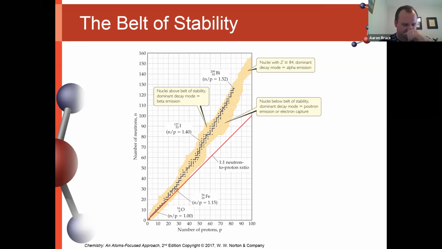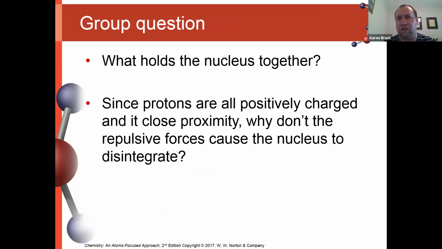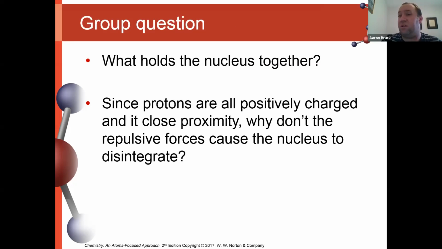So the question I'll pose to you then is this. We've talked about the idea that there is a degree of stability and that there is a relationship between the proton and neutron ratio and stability. But what I'm going to ask is a more fundamental question than that. What holds the nucleus together?